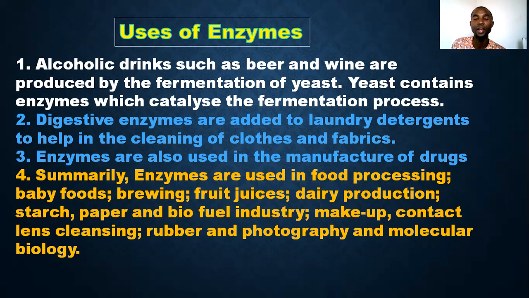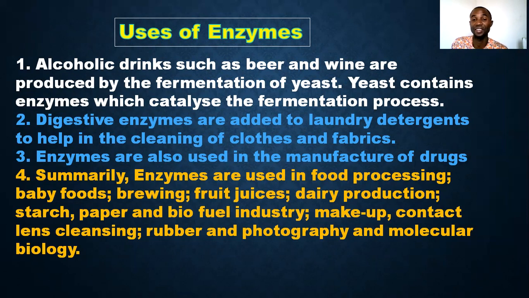Number two is that digestive enzymes are added to laundry detergents to help in the cleaning of clothes and fabrics. Enzymes are also used in the manufacture of drugs, and enzymes are used in food processing.